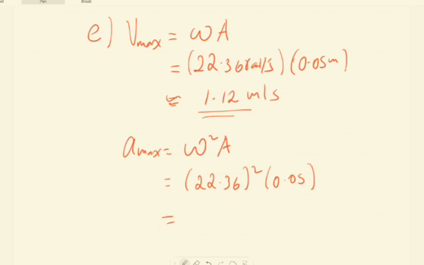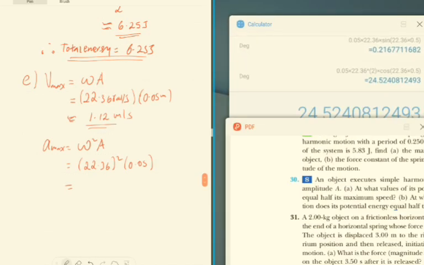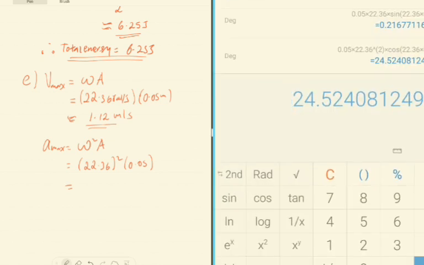Lastly, of course you don't need any detail here, you can just use your scientific calculator. This would be 22.36 squared times 0.05.